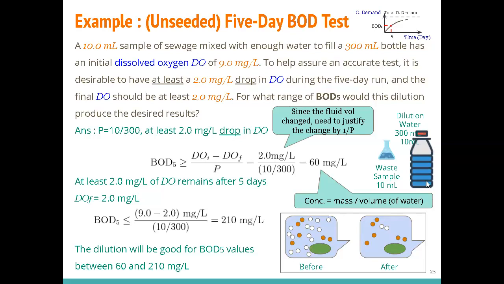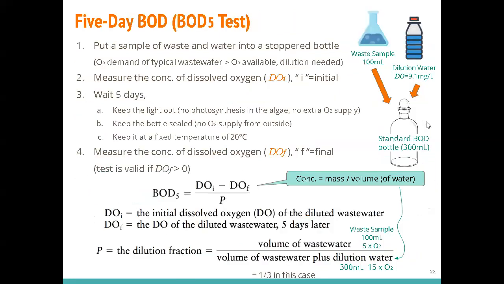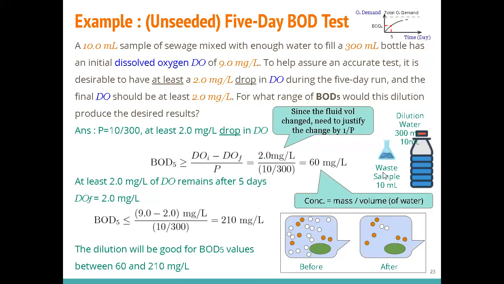You have to add 290 milliliter of dilution water. Together, they will fill up this bottle. It's a very small sample, 10 milliliter. The filled standard bottle has an initial dissolved oxygen of 9.0 milligram per liter. So now you have the DOI, which is 9.